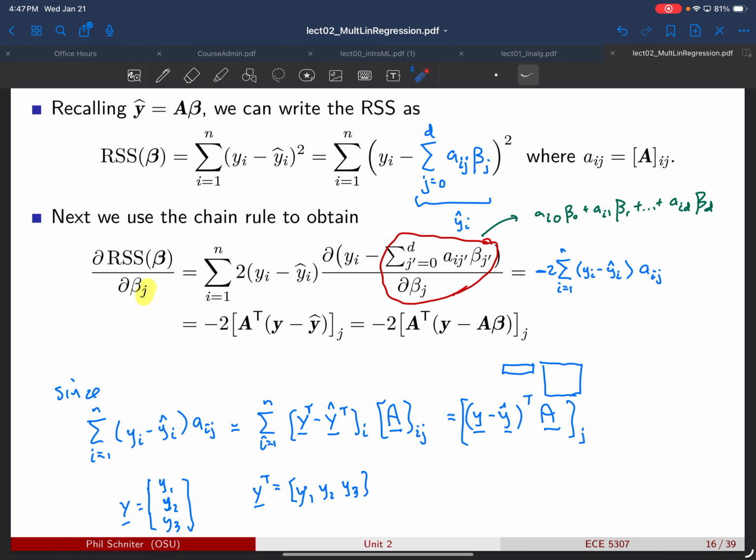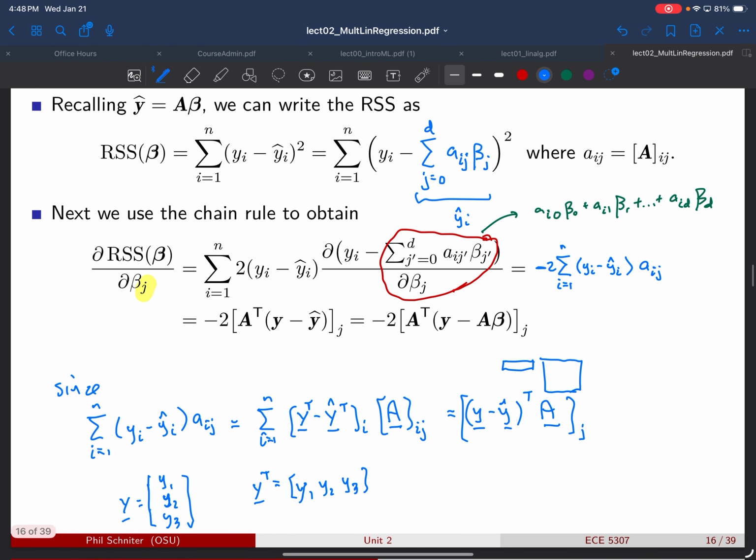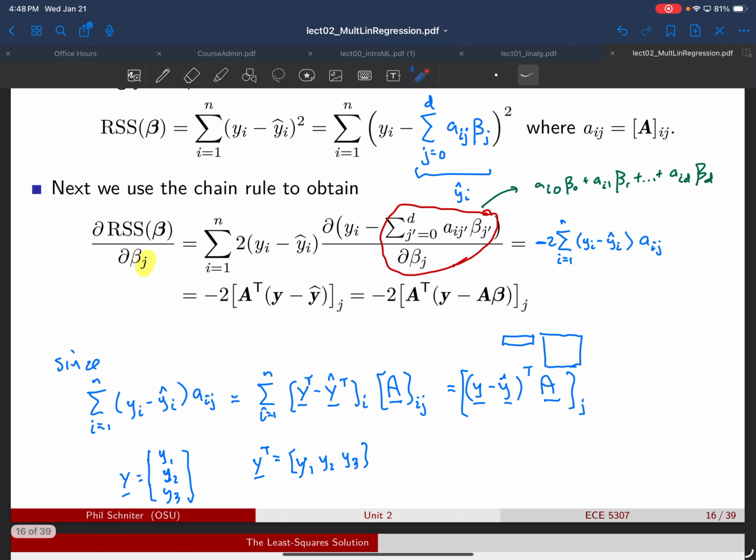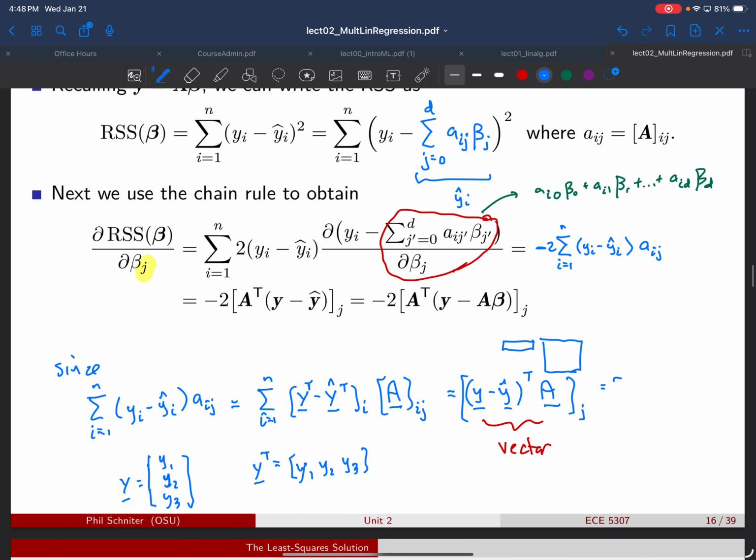Okay, so for exactly the same reason, this is also a vector, right? And what we're saying is that I'm taking the jth element of a vector. That's the same thing as the jth element of its transpose. So I can transpose this whole thing.